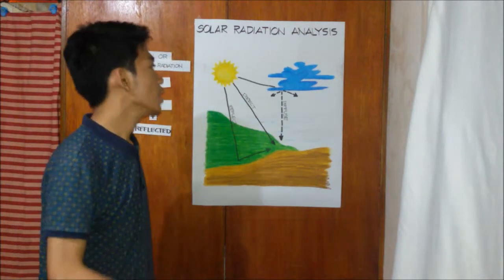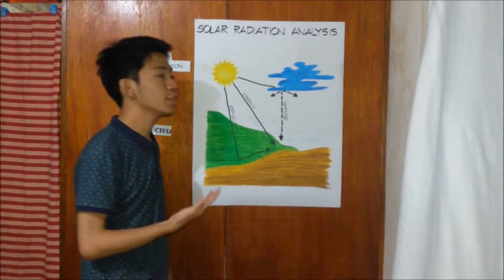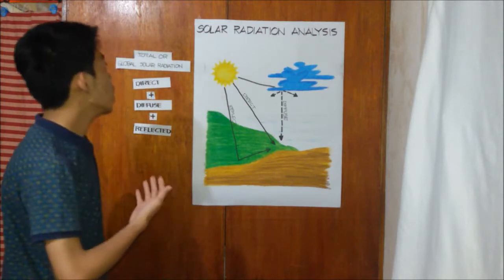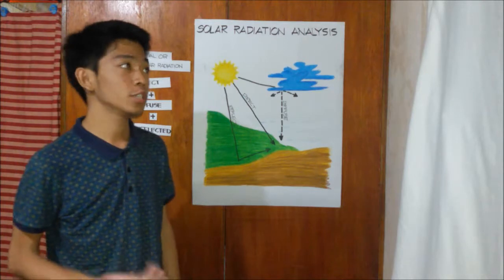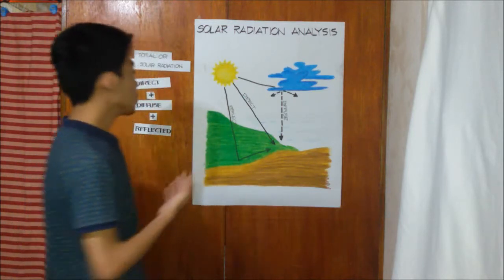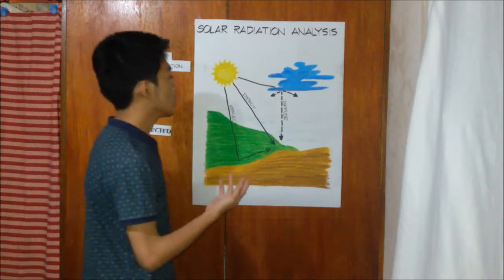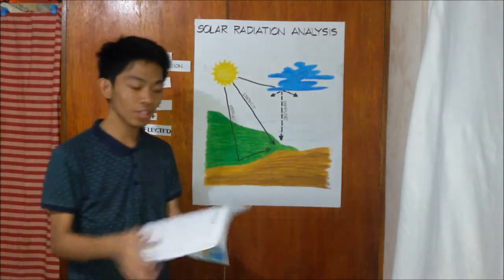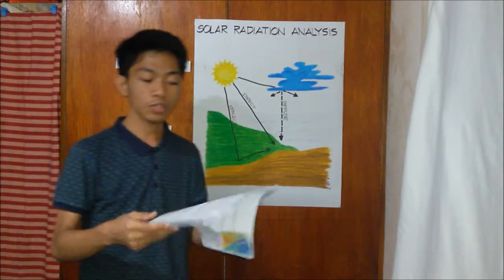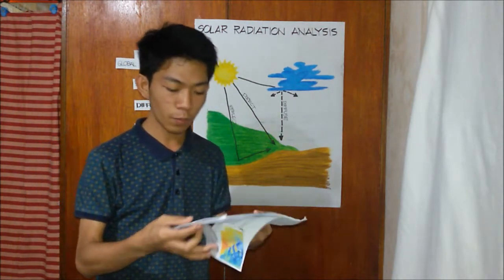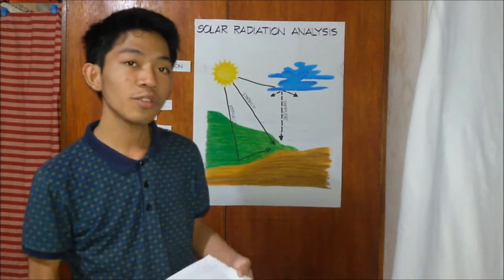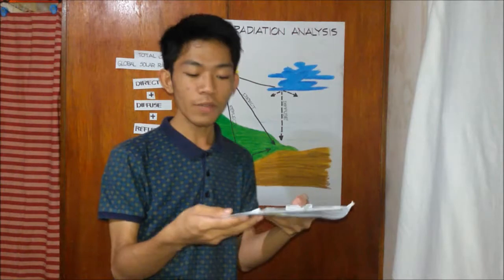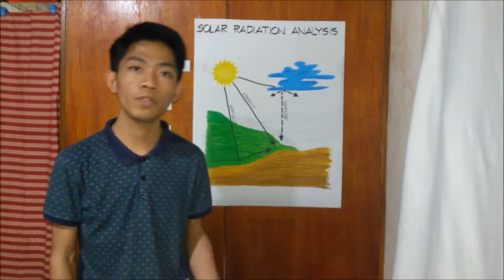Generally, direct radiation is the largest component of the total solar radiation, and the second largest is the diffuse radiation. The reflected radiation constitutes only a small proportion of the total radiation, except for locations surrounded by a highly reflective surface such as snow cover.